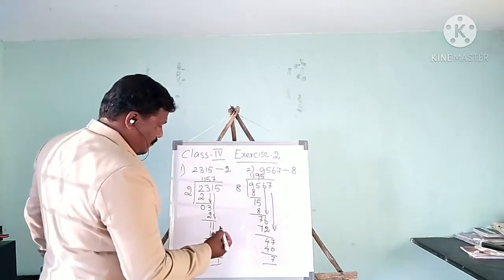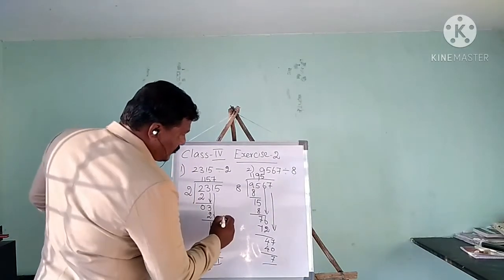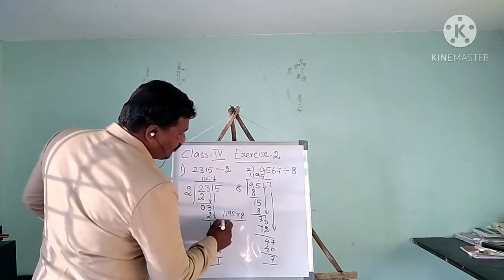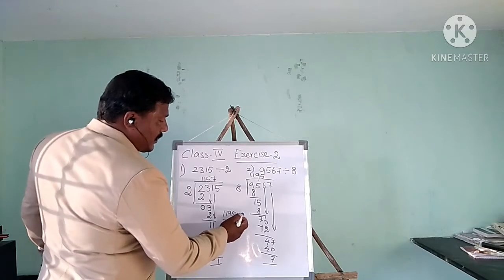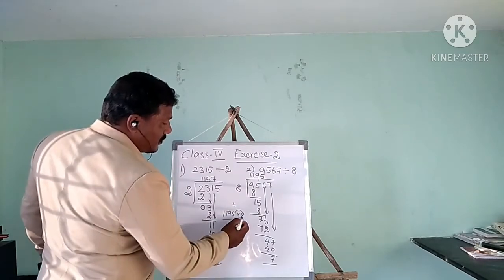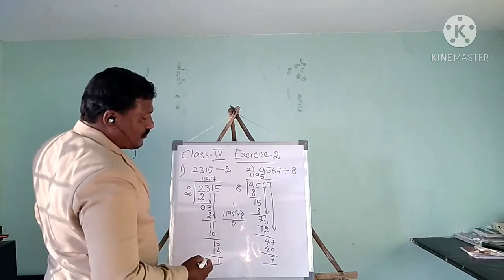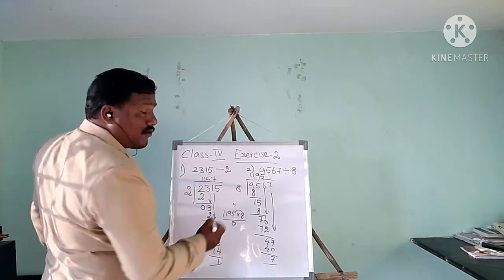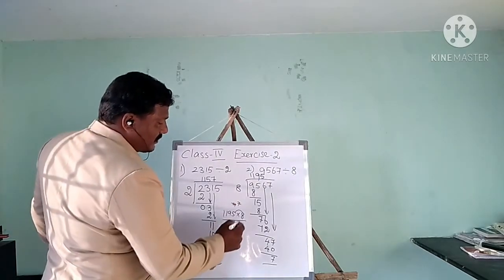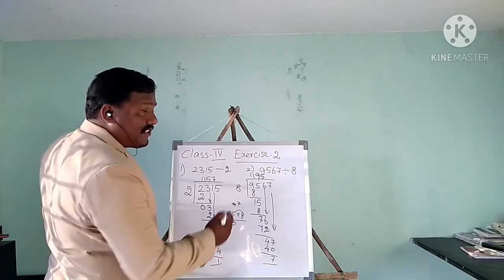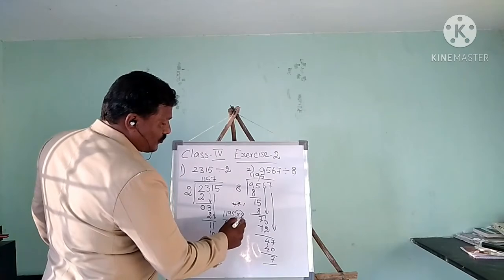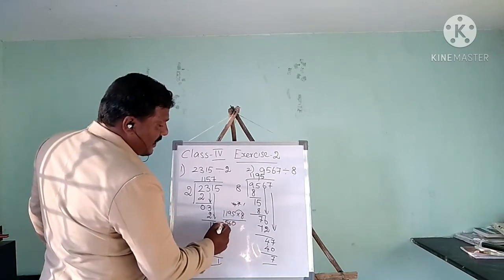So 1195 multiply 8. 8 5s are 40, write 0, remainder 4. 8 9s are 72, 72 plus 4, 76. Write 6, remainder 7. 1 8 is 8, 8 plus 7, 15. Write 5, remainder 1. 1 8 is 8, plus 1, 9.